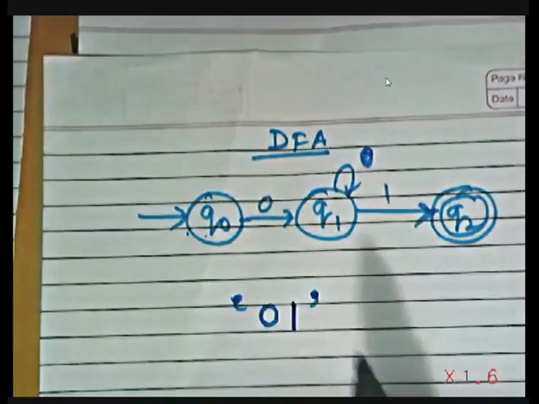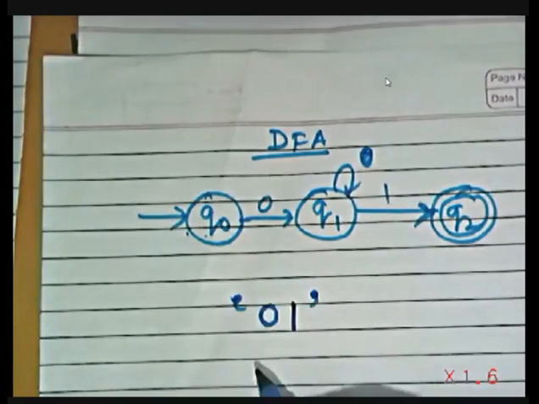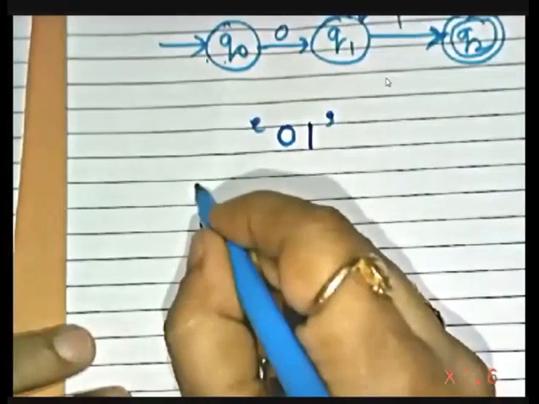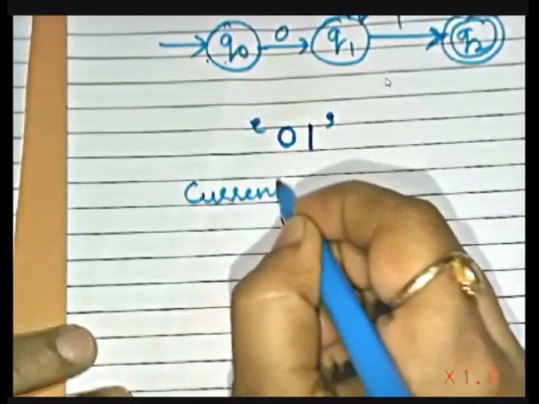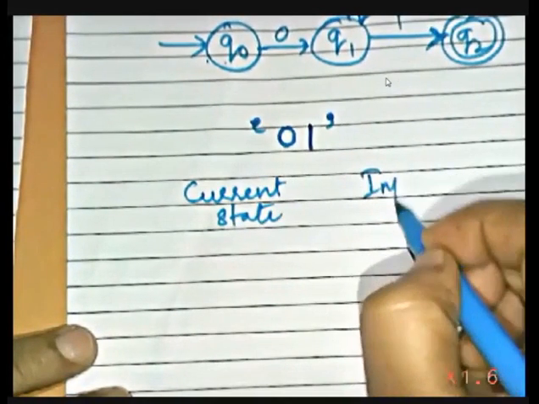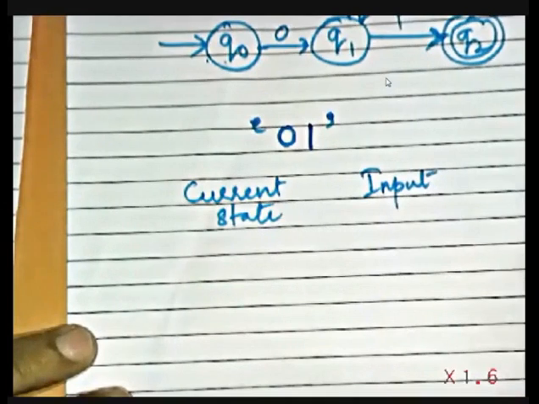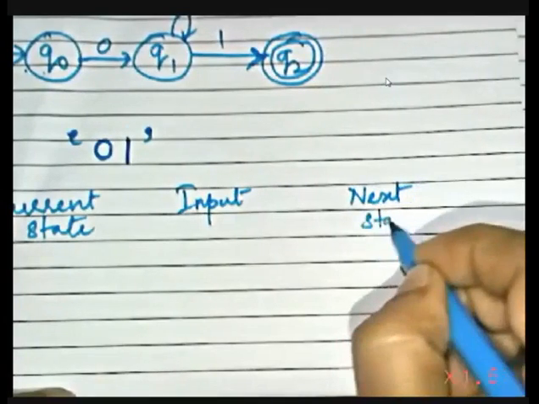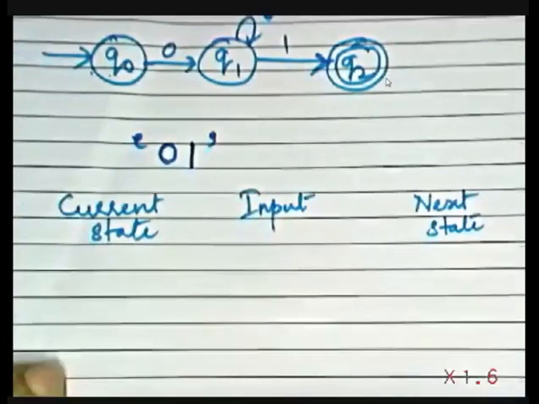In other words, if I want to show it with the simulation, how will I show you? Suppose my current state is there, then there is an input and there is a next state. This is called simulation and we should be able to do it.